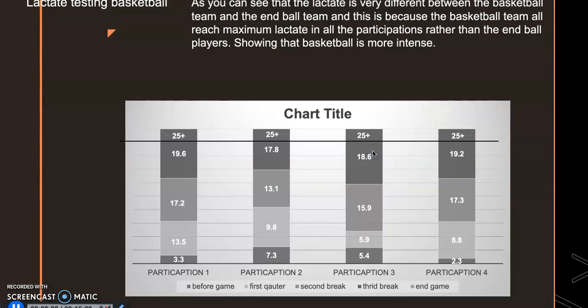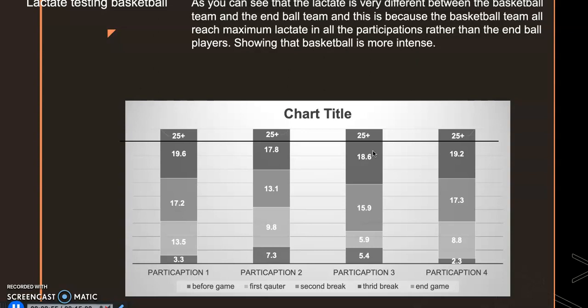So moving on to the next. This one, again, is lactate testing, but this is from a basketball team that was out in America. As you can see here, the lactate is maximising in all 4 of the participants. This might be due to how they are being trained.